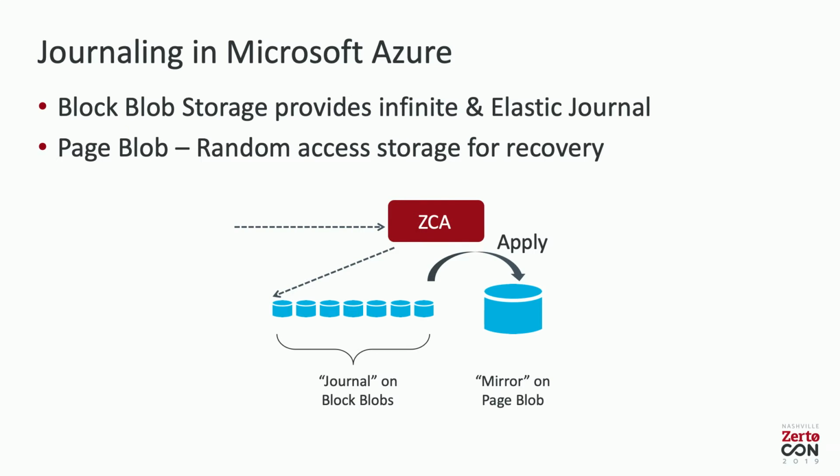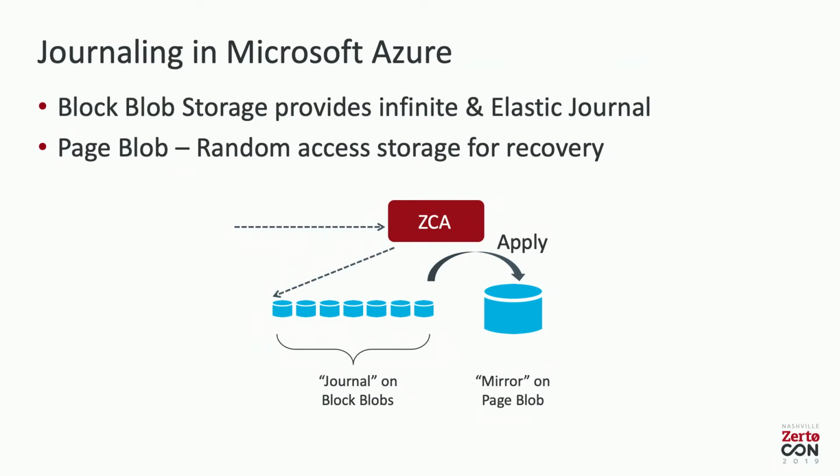So the journal uses block blobs. Block blobs, for those who know, are the object storage that the Azure infrastructure provides. And since this is actually a queue that is written once and then deleted, it works perfectly with block blobs.